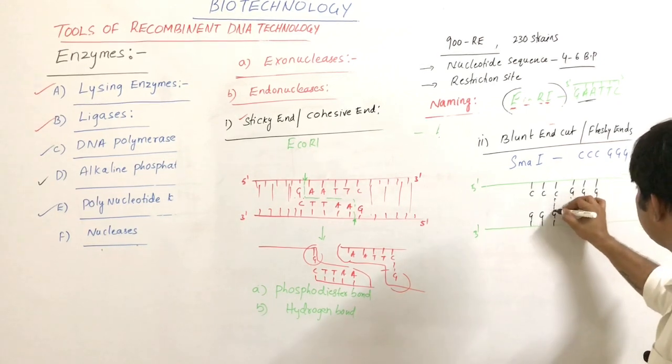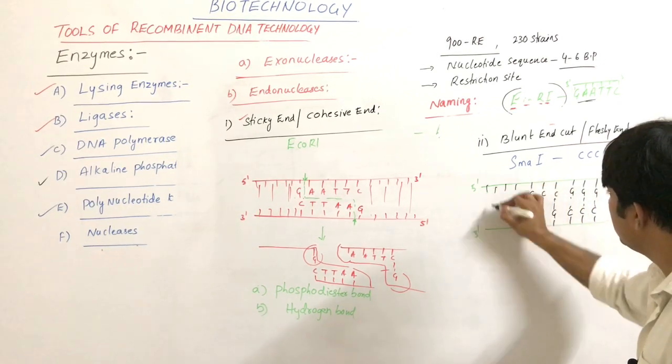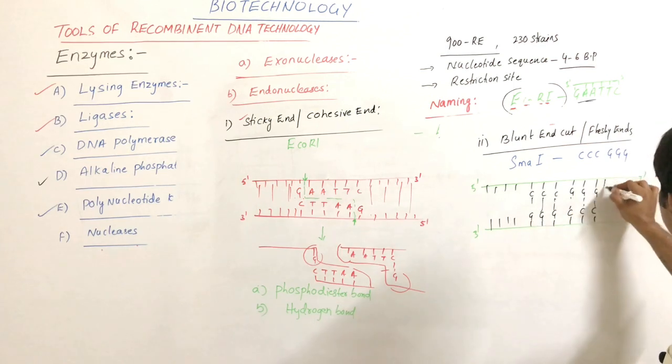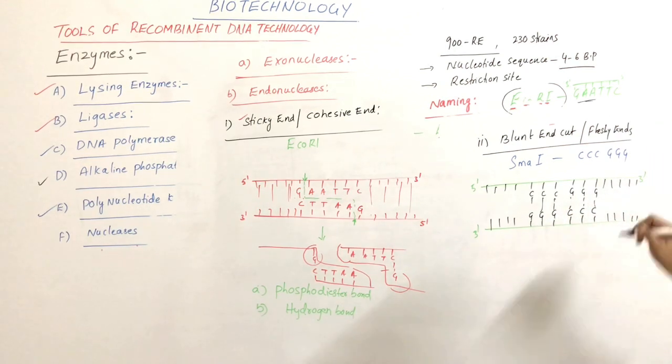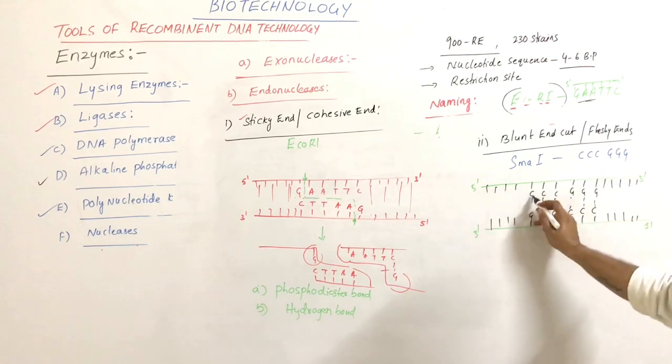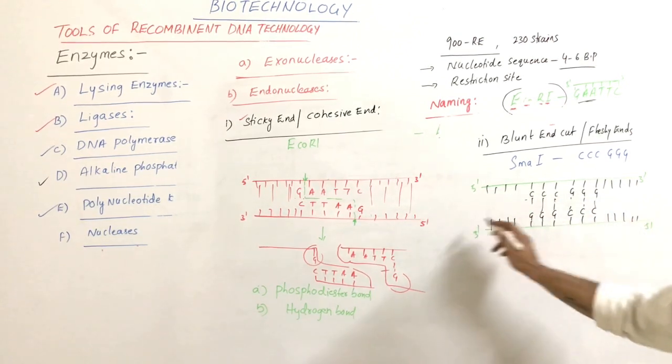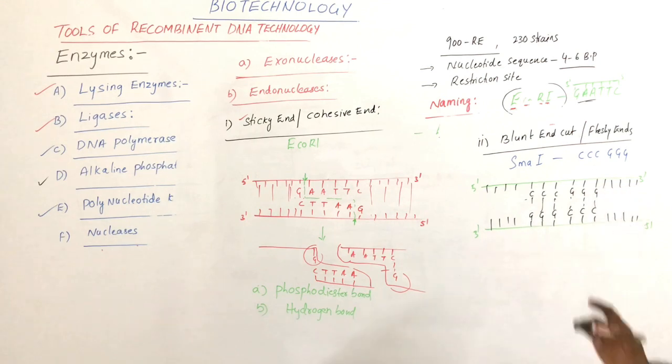These are hydrogen bonds, and other nucleotide sequences are also present. Now this is from 5' to 3', 3' to 5'. This is a palindromic sequence.